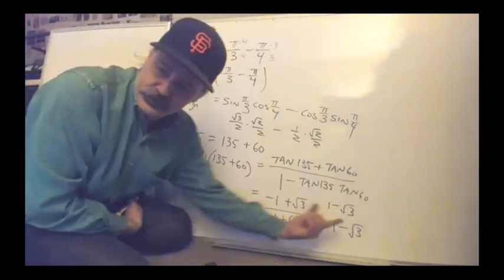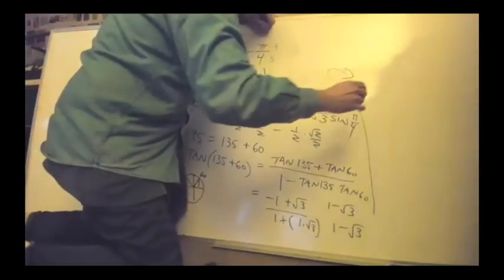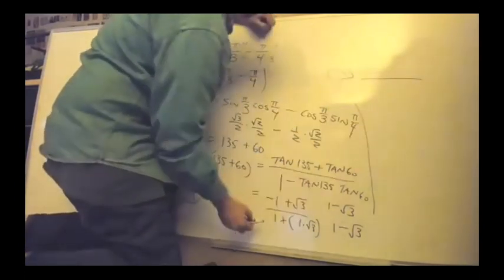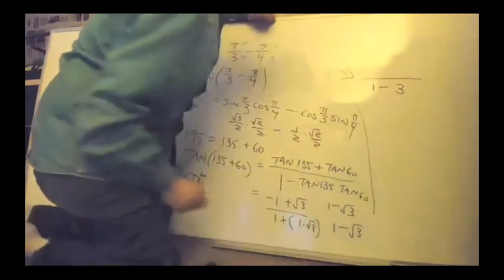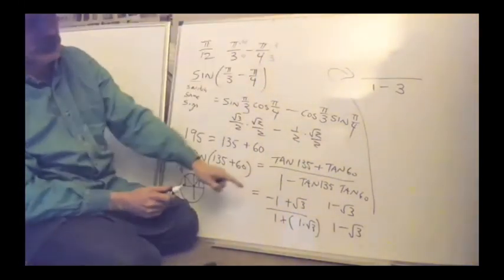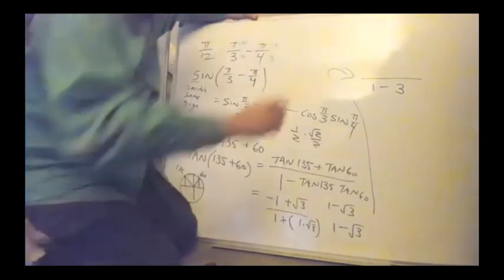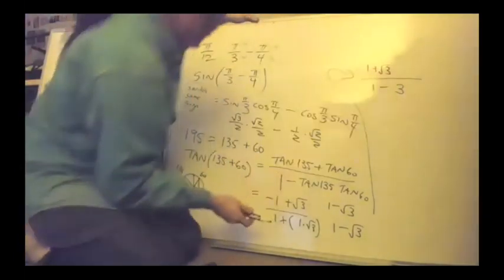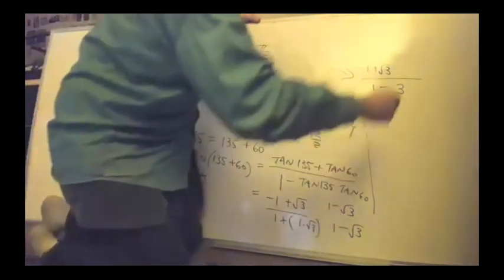But what you should get when you do that, the denominator is going to become 1 minus 3. And then in the numerator, negative 1 times 1, negative 1 times negative root 3, and then root 3 times 1, root 3 times negative root 3.